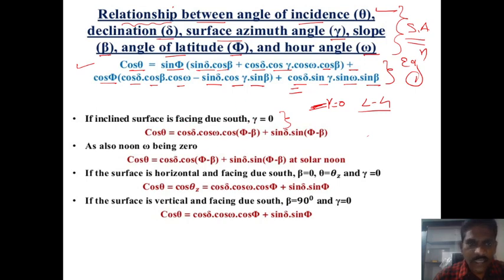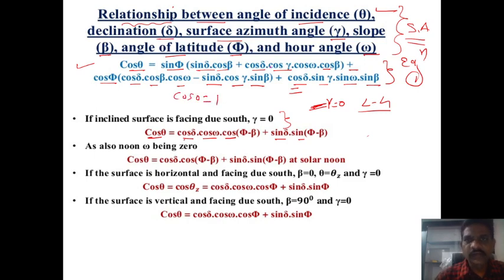If you put the gamma value, what equation do we get? Cos theta is equal to cos delta cos omega cos phi minus beta plus sin delta sin phi minus beta. Cos 0 multiplied by the whole thing. You put gamma as 0 there: sin phi into sin delta cos beta plus cos delta cos omega cos gamma, and cos 0 is 1.